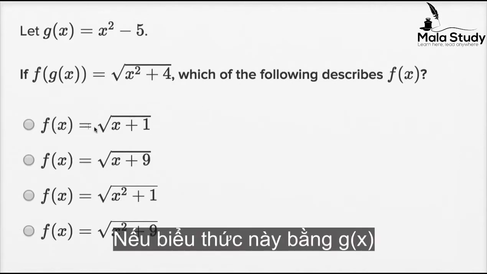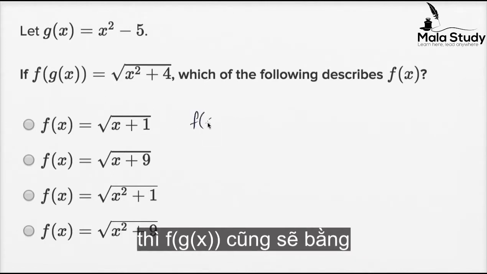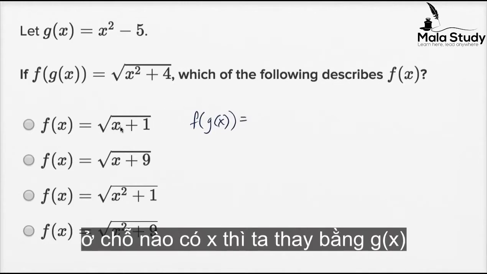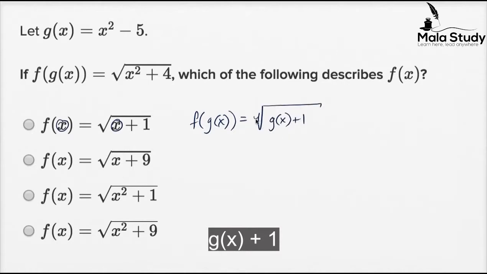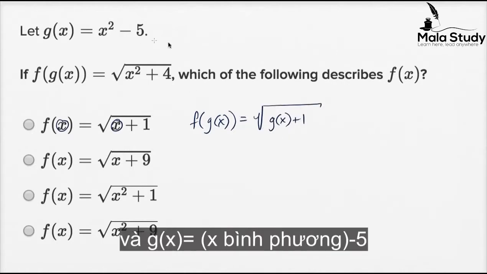If this was f of x, then f of g of x is going to be equal to, well, everywhere where you see an x, you would replace with g of x. So it would be equal to the square root of g of x plus 1, and g of x is x squared minus 5.